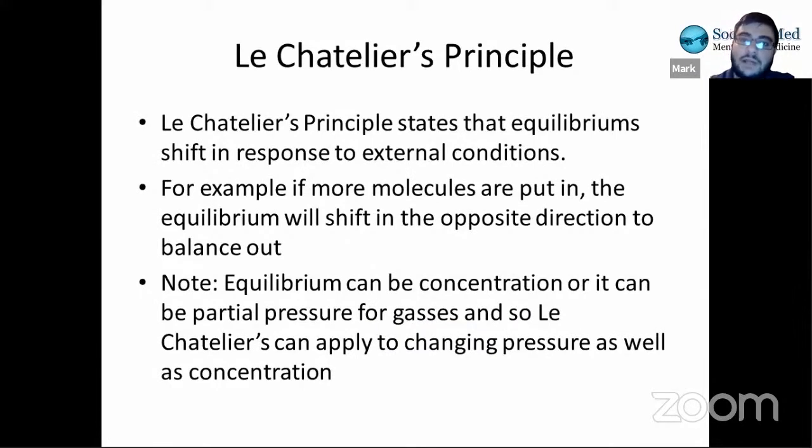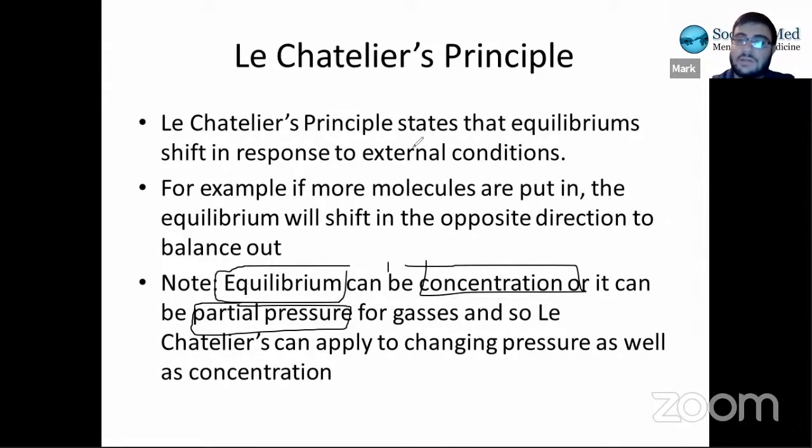Another thing I wanted to point out is that equilibrium can be written in concentration, or it can be written as partial pressure for gases, right? So Le Chatelier's principle can apply to changing pressure as well as concentration. I'll give you an example.